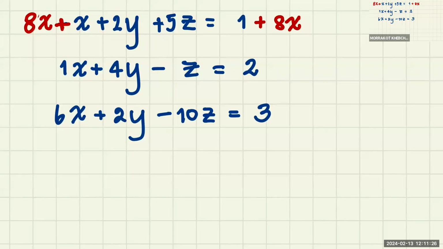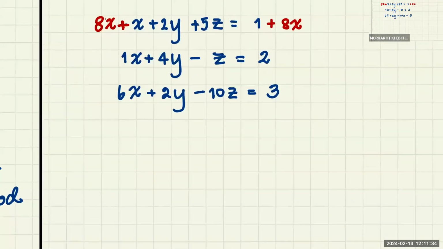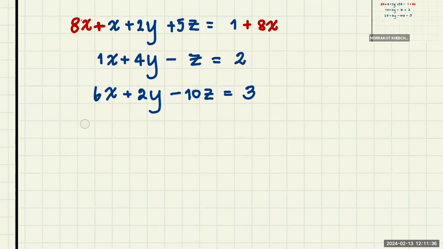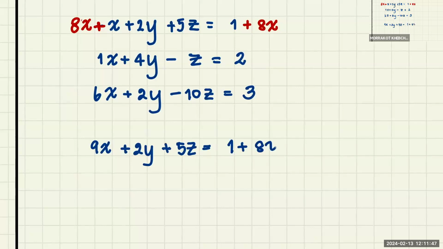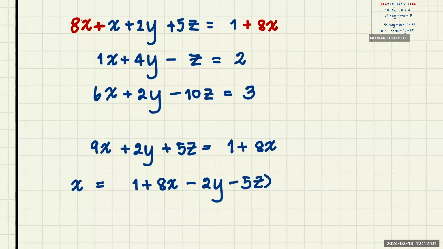The solution should be the same, right? Because I add only 8x. So on the left, I have 9x. The first equation, if I solve for x, I will get 1 plus 8x minus 2y minus 5z, and then divided by 9.